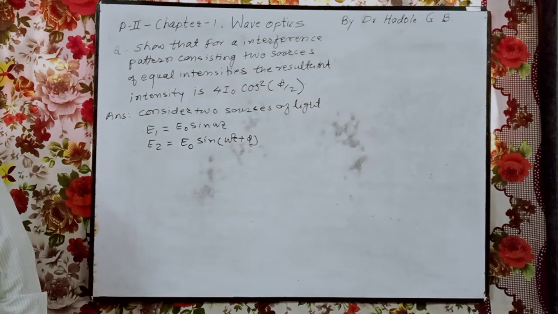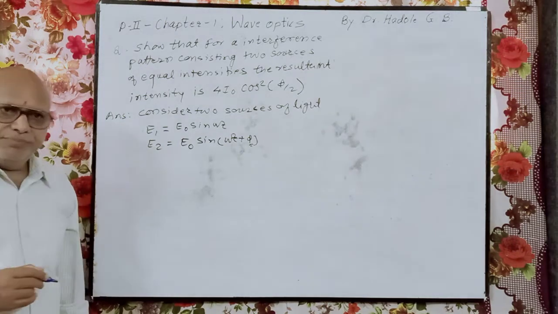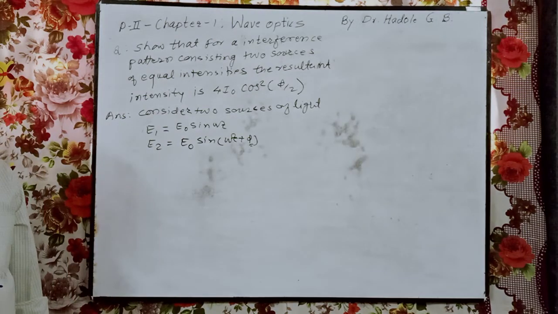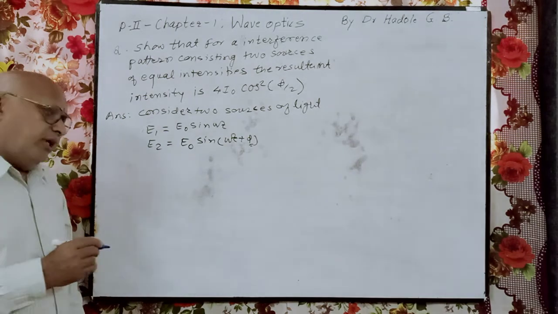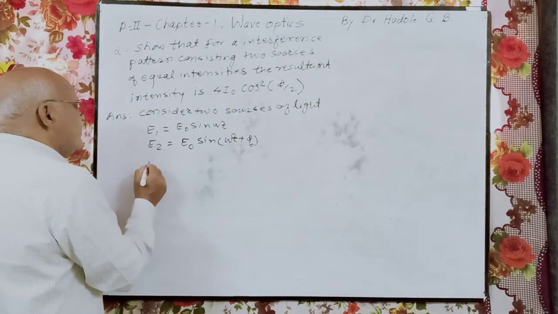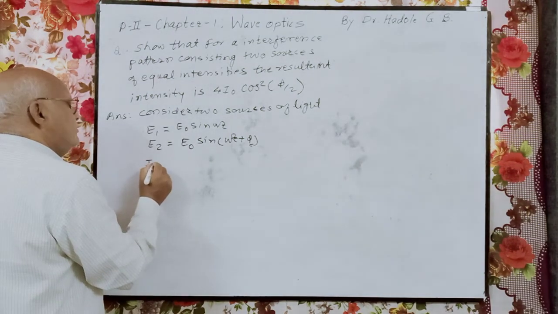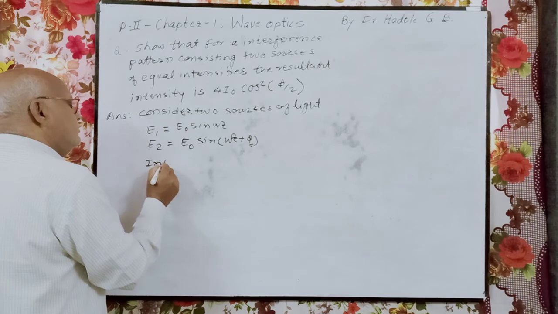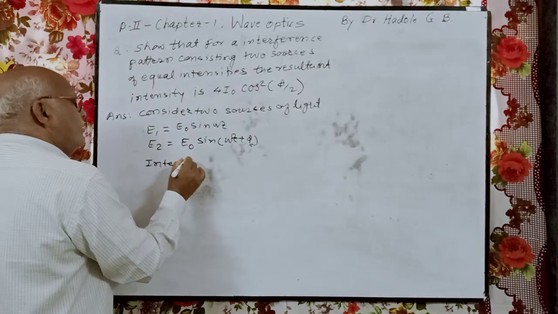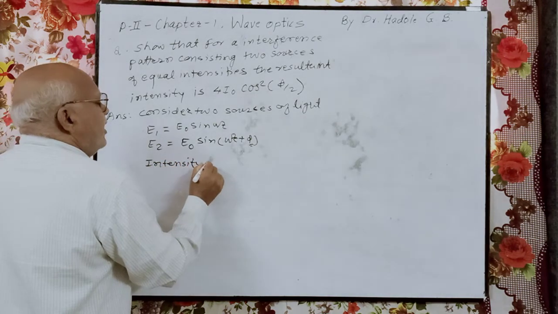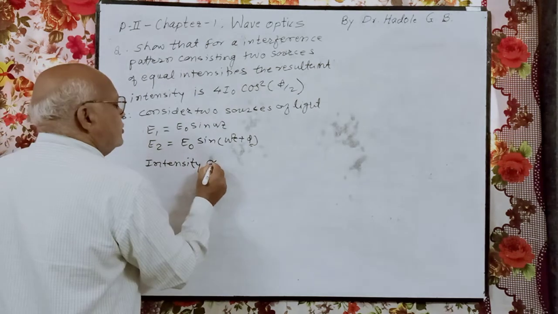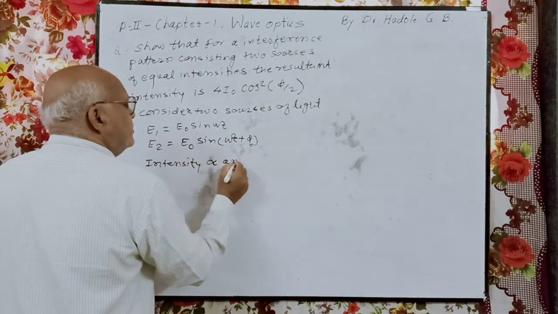Here the amplitude is the same, and therefore we know the intensity of light is directly proportional to amplitude square.